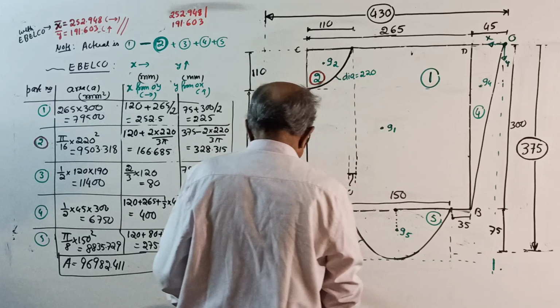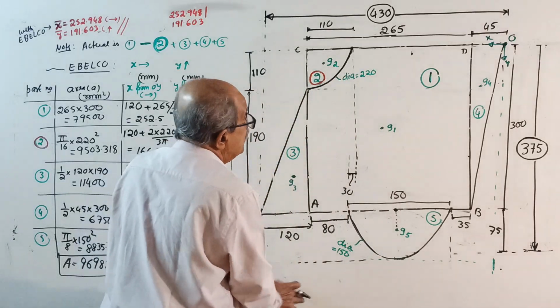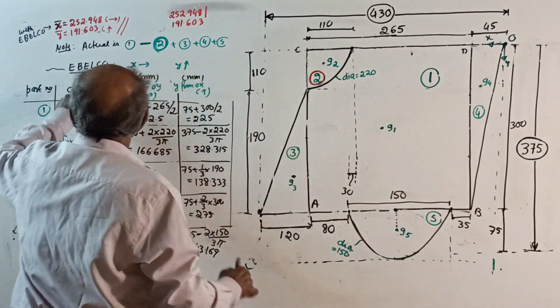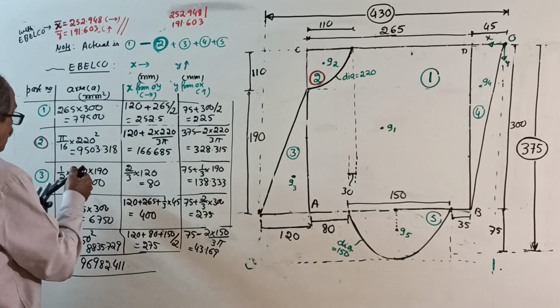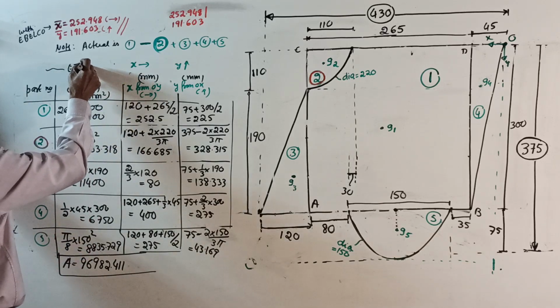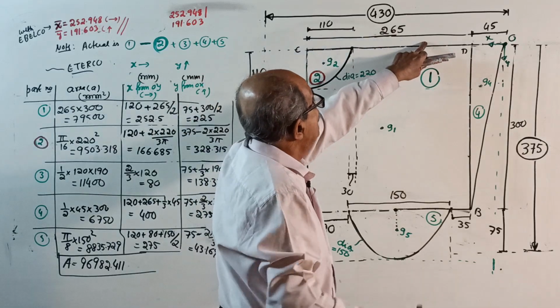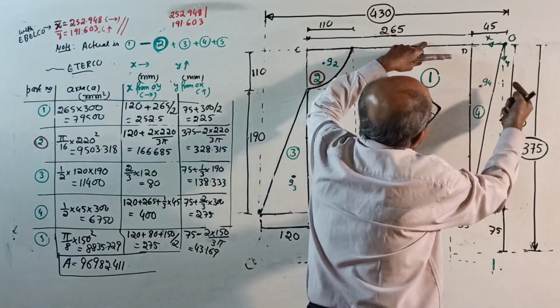Now, remove this one, time being. Don't write this one now. Remove it. Not Abelco, write Aterco. Aterco: extreme top and extreme right origin.